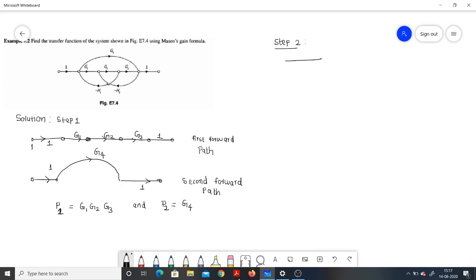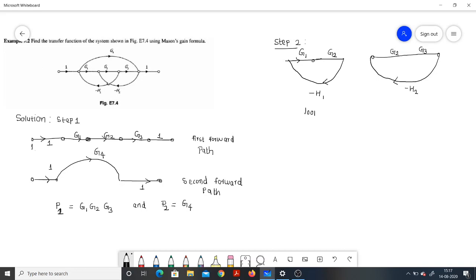So the gain is G1 here. There is a node here. The gain is G2 over here. And this feedback gain is minus H1. Similarly, I will have a second loop whose gains will be G2 and G3 from this path, and the feedback will have the gain of minus H2.